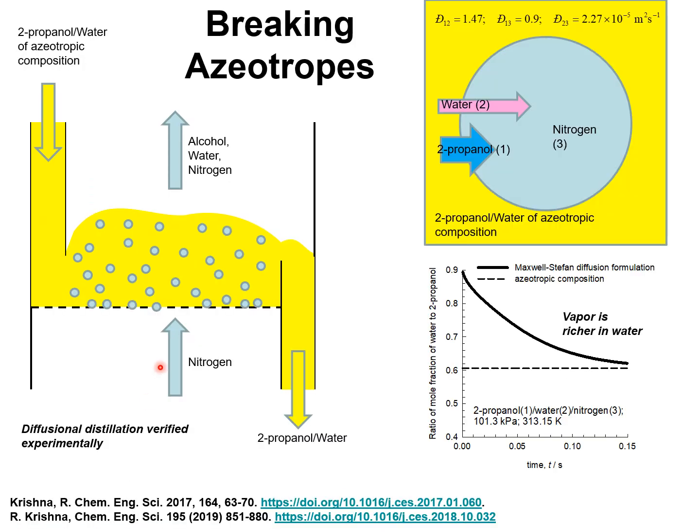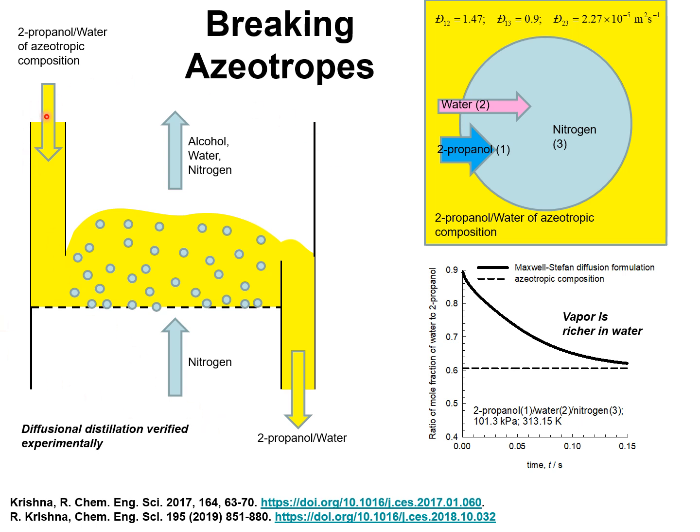In order to illustrate the principle of separating a mixture of azeotropic composition by allowing the azeotropic mixture to distill in the presence of an inert gas, let's consider a distillation tray.